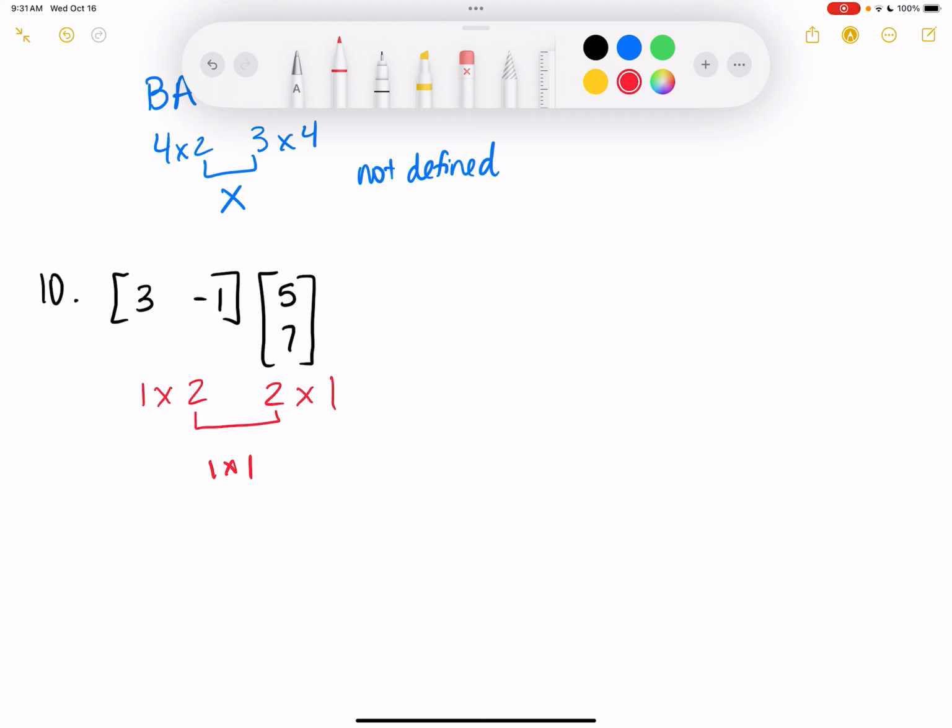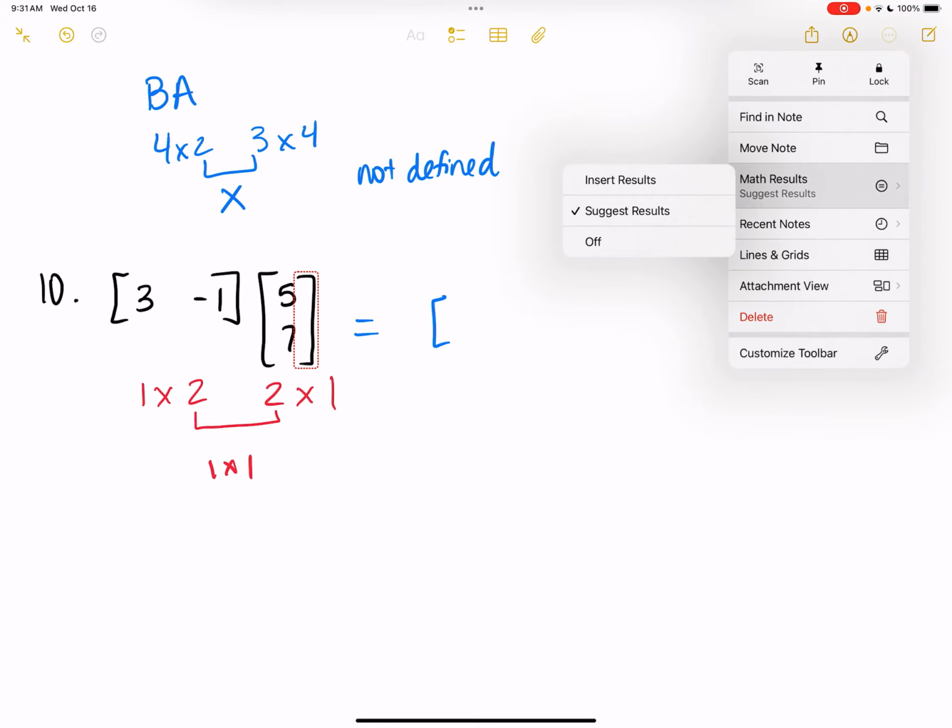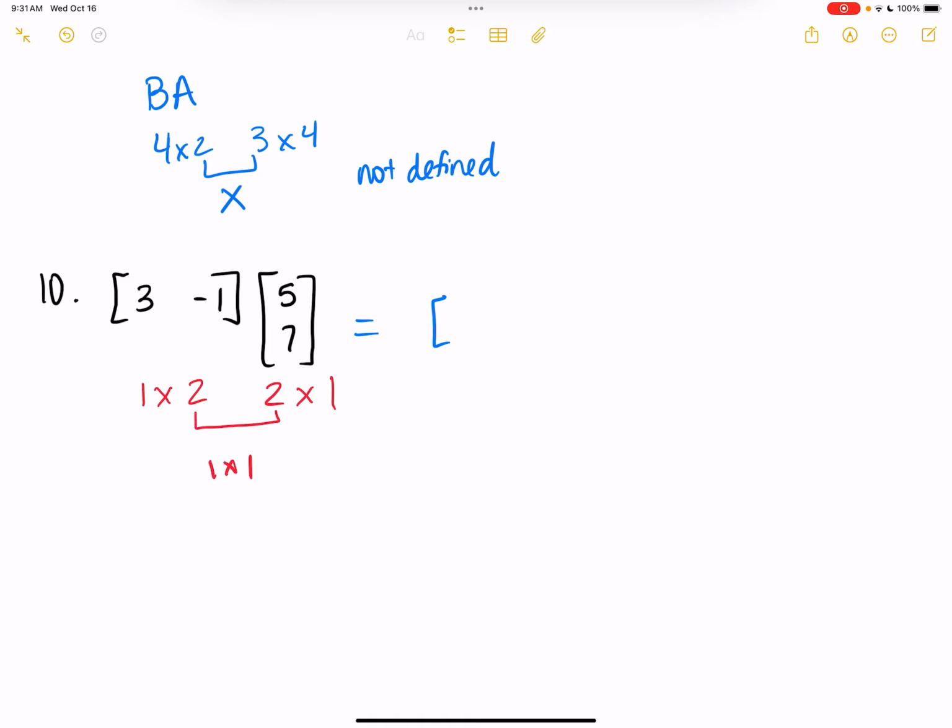So here's how this works. We do 3 times 5. I already know y'all are going to hate this. Plus -1 times 7.